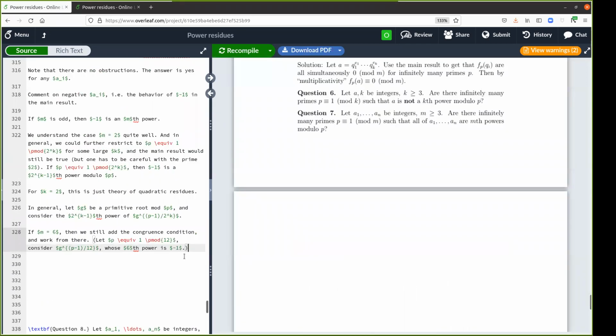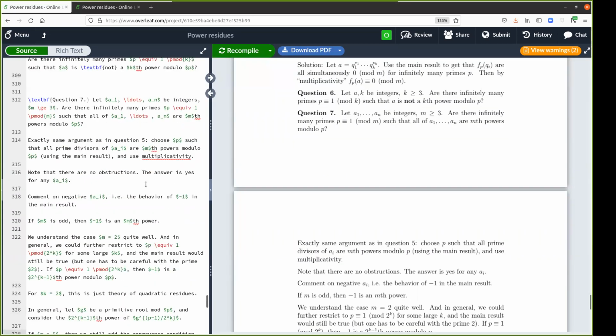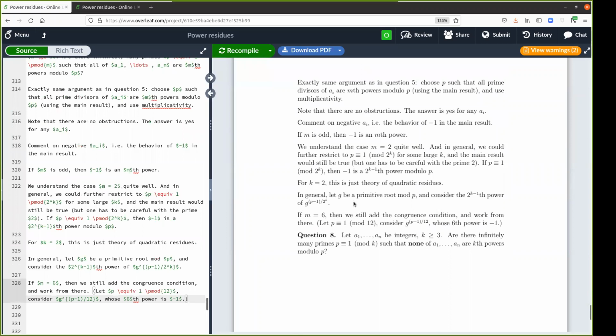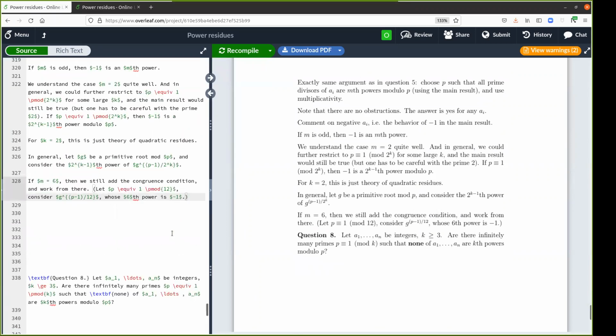But the point is that we can also guarantee, in addition to the primes qi being mth powers modulo p, also guarantee that minus 1 is an mth power modulo p. So we can satisfy all of these conditions simultaneously, even though I have only claimed that we can do it for the primes.